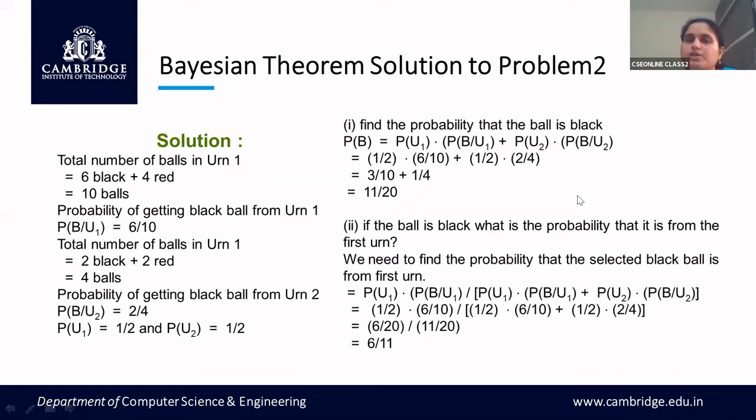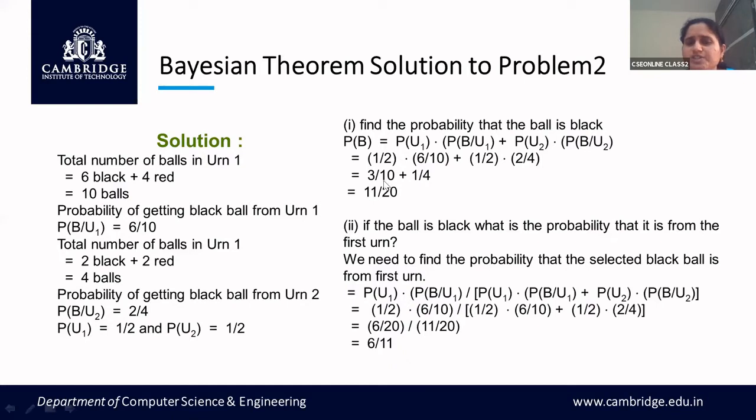Out of 2 urns, what is the probability? Every time, because there are only 2 urns, the probability of U1 and U2 will remain as half. So it is half into 6 by 10 plus half into 2 by 4, which is 11 by 20. So out of 20 chances, 11 times a black ball is drawn.